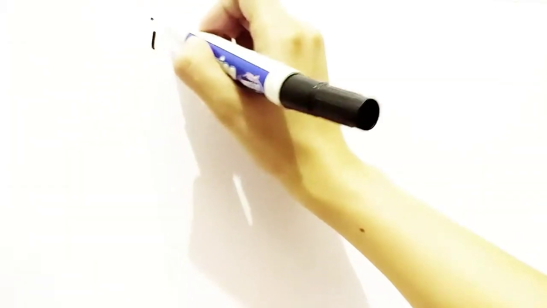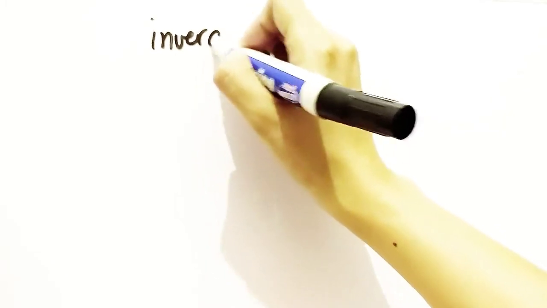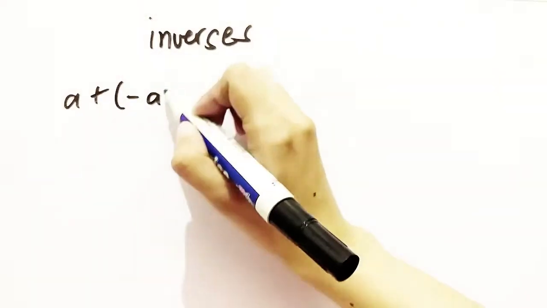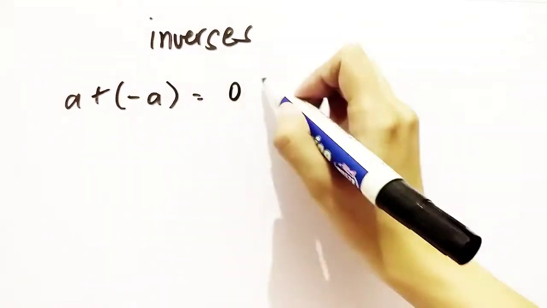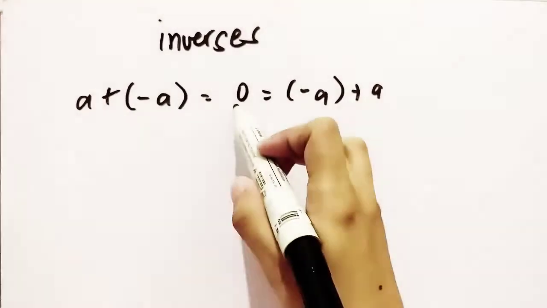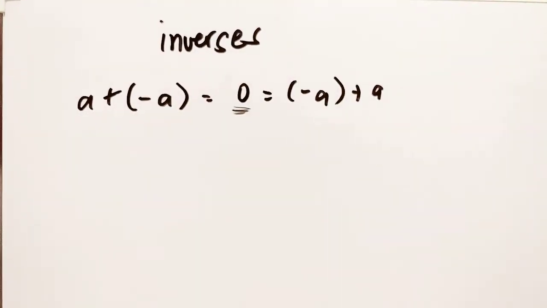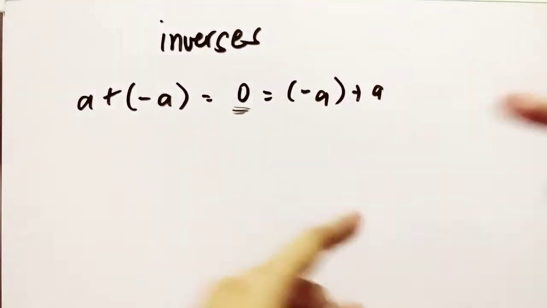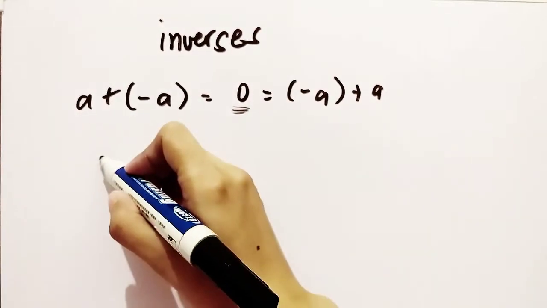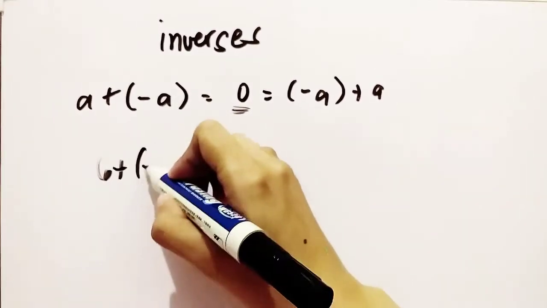Last but not least is the inverses, wherein it has a form of: if we add the same number to the negative of it, we will have the value 0. And if we switch that up, we will still have the value 0. So for example, we have 6 plus negative 6.